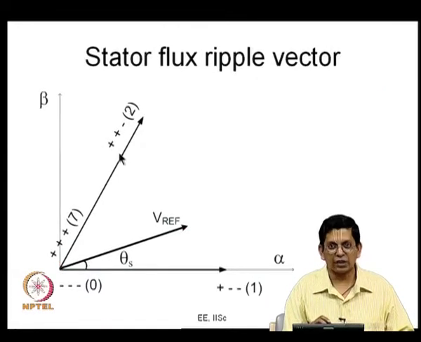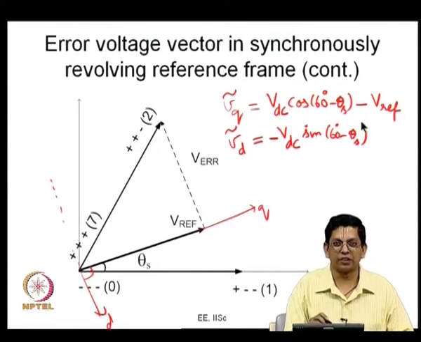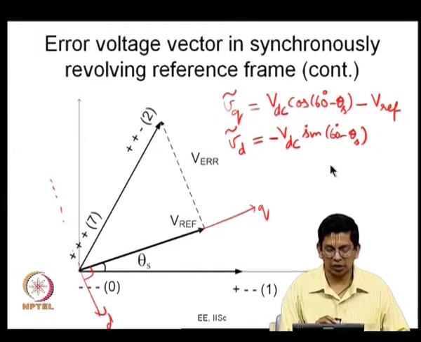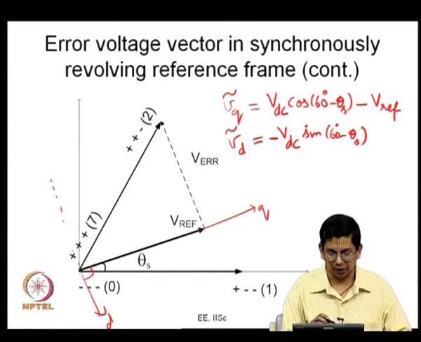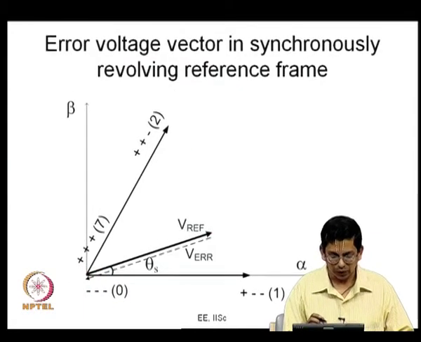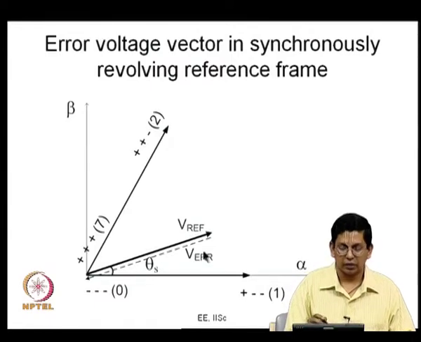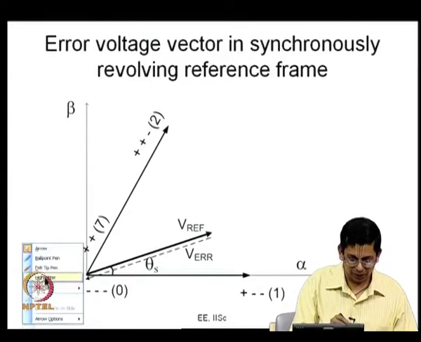Similarly, when the null vector is applied, it is much simpler. VQ tilde is simply minus Vref, that is all, and VD tilde is 0, which I have not stated here. So, just for completeness, let us finish that also.